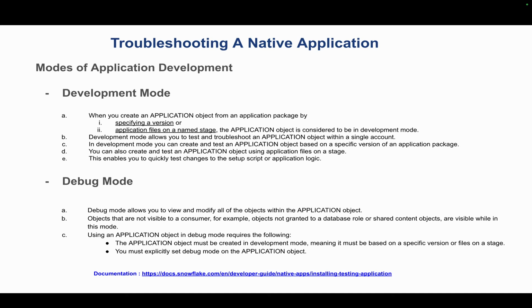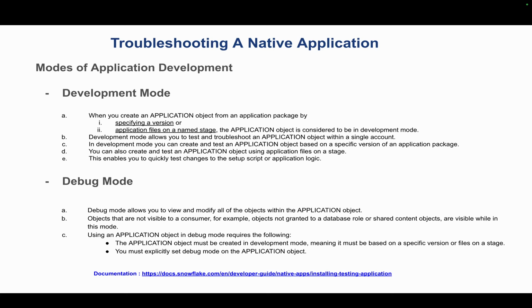When you create an application from an application package, either by specifying a version or a patch, or directly from the application files stored in the application stage, the application is considered to be in development mode. Now, in a production scenario, a native application is supposed to run on your consumer environment.